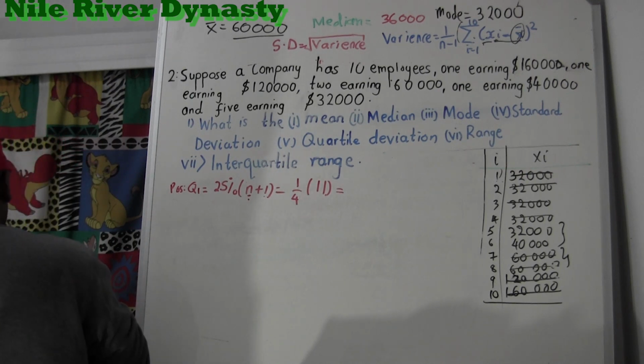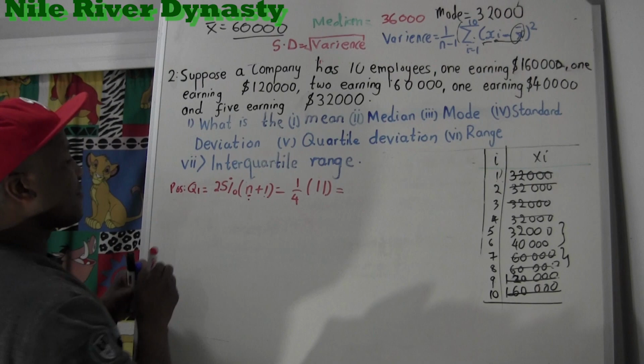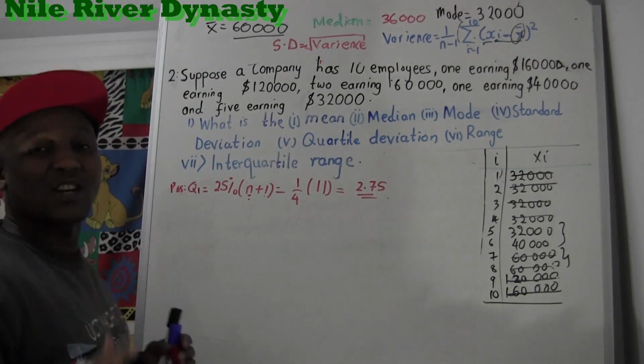Let me clear my calculator just a minute. 11 divided by 4, okay, 2.75. So 2.75 is the position of quartile 1.